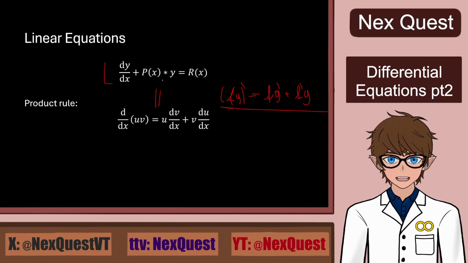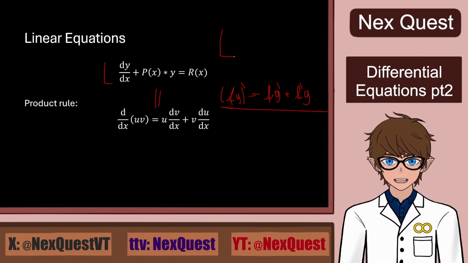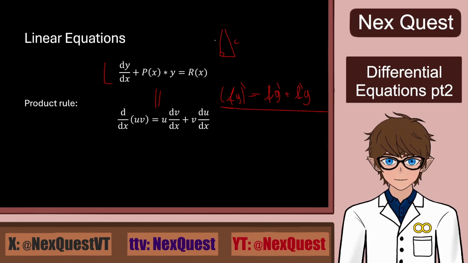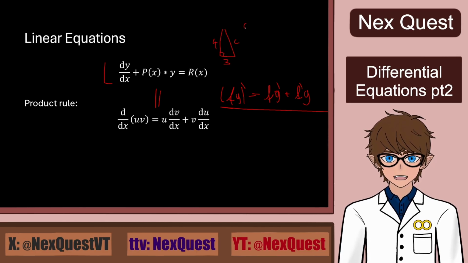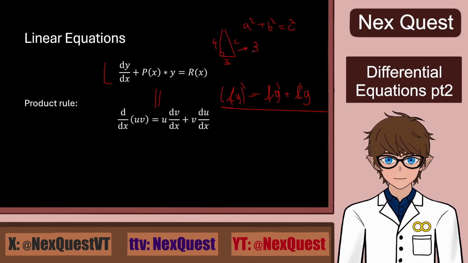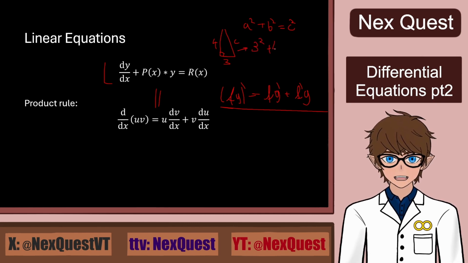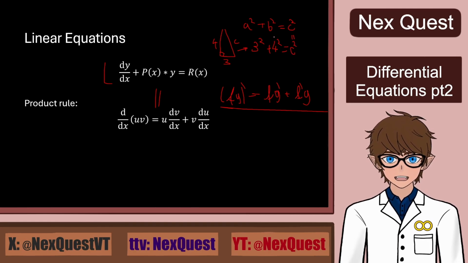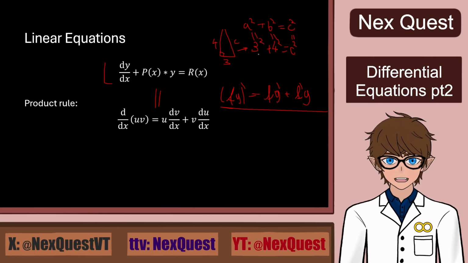So if we find a similar term, for instance, if we had the Pythagoras theorem where we have a hypotenuse c and then 4 and 3, we could write the theorem itself as a squared plus b squared equals c squared, and for the triangle we would write it as 3 squared plus 4 squared equals c squared, and we would be like, oh, these two are equal, and these two are equal, for instance.